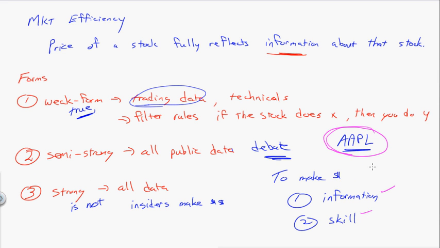Last example. What about an unknown stock? So there's some unknown stock, ABC Corporation. Very few people have ever heard of it. Very few people follow it. It's not a big stock.